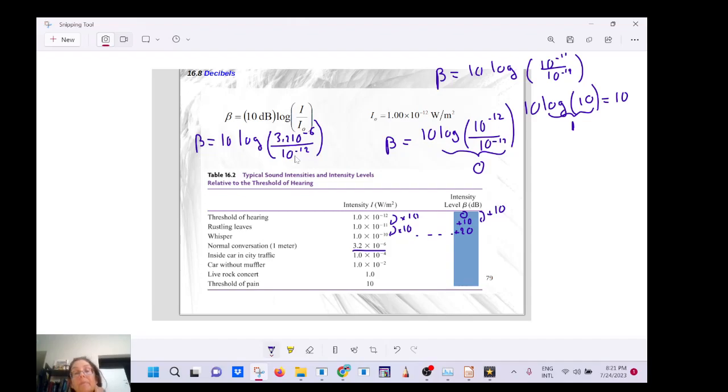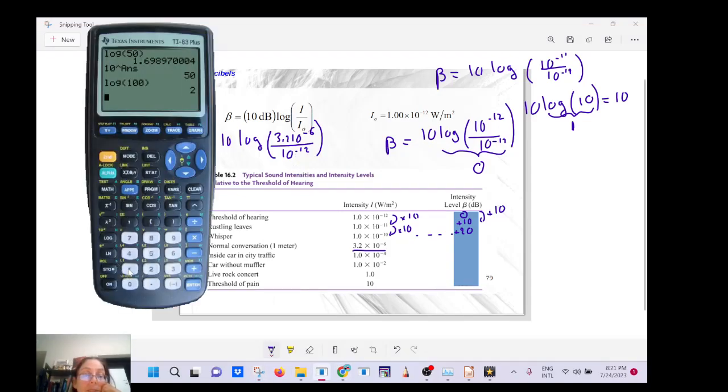Okay, so we can do 10, and then log. So it's going to be 3.2. You can do the whole thing. You can simplify, but I'm not going to simplify, just to show you how to do it.